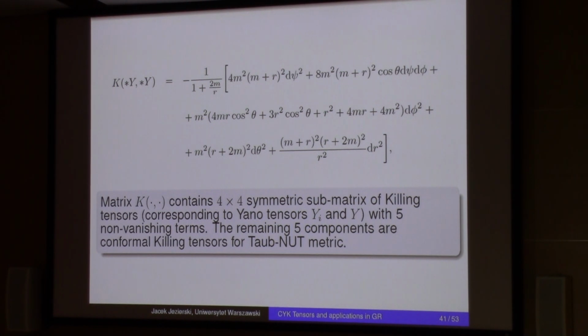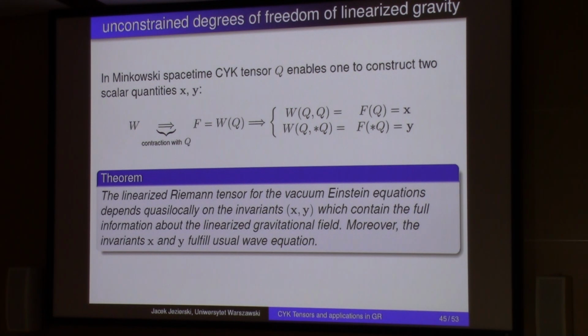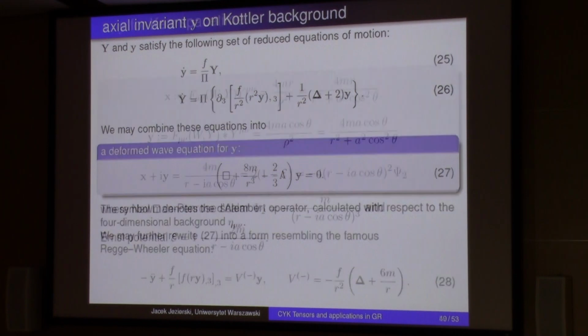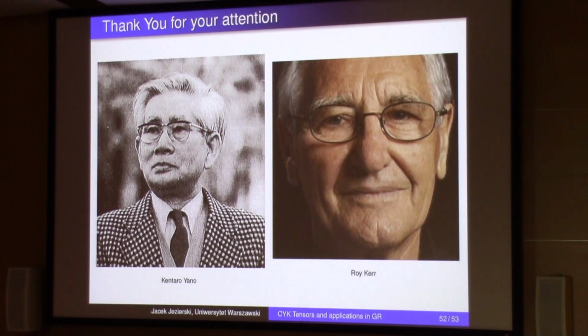So in self-dual Taub-NUT Euclidean you have 10 symmetric Killing tensors. And 5 of them are Killing, and 5 of them are conformal Killing. And that's it. I can continue if you like, but not now. And maybe, yeah, I will finish with this slide. Okay, thank you very much.